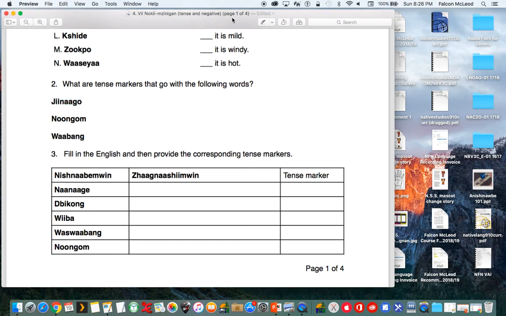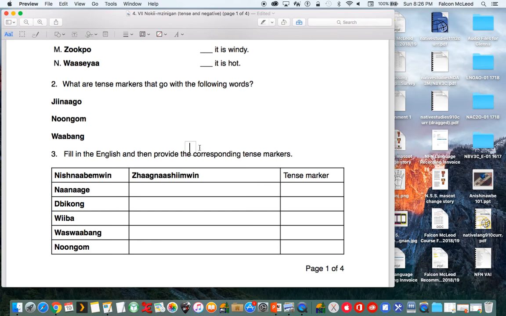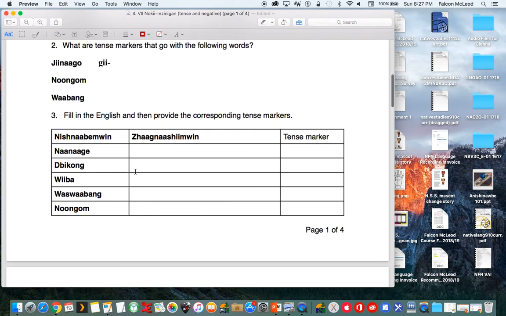For me, I understand that it's taking place in the past. So let's say gi is our past tense. So we'll go like that. Now you can fill out the rest for nongum and wabang.